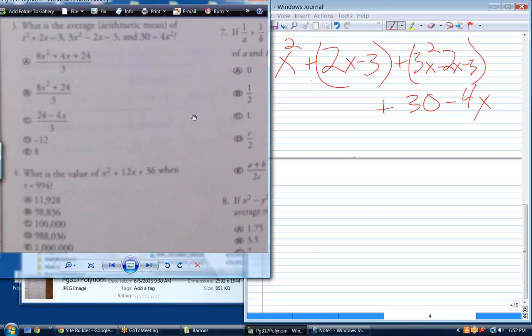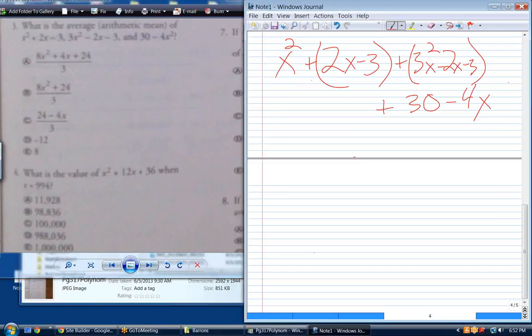But there's no plus signs, there's commas in between. I put the plus signs in there because they're asking us about the arithmetic mean. So what do we have to do to these things?